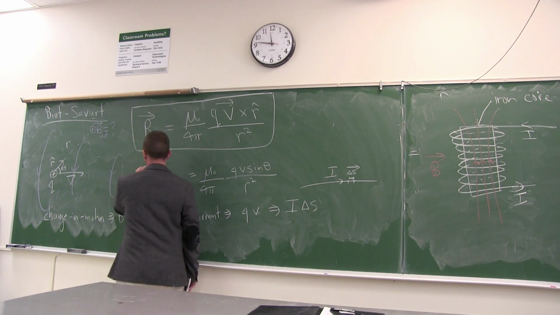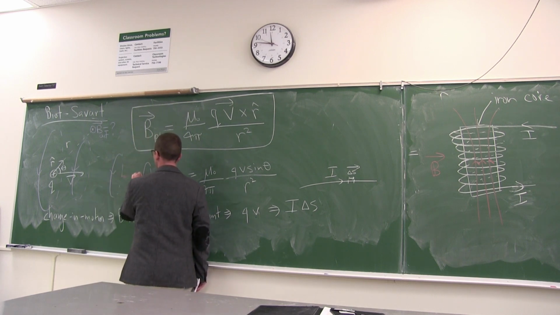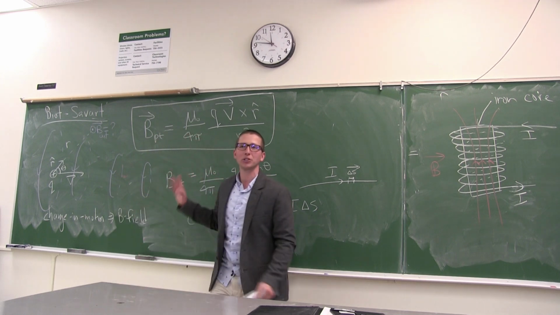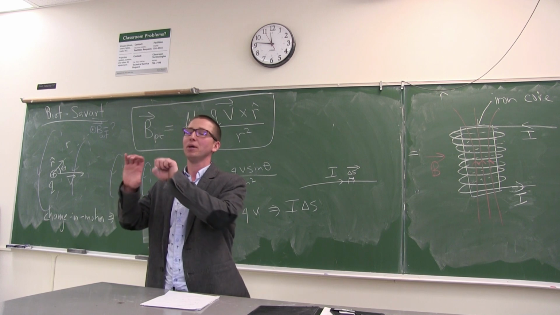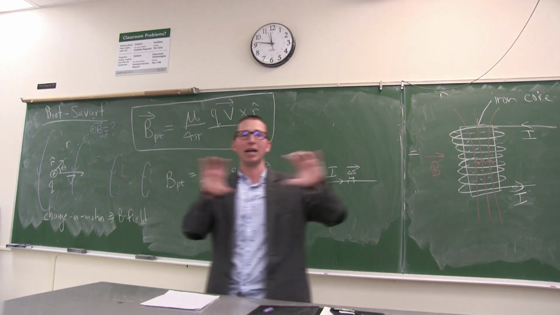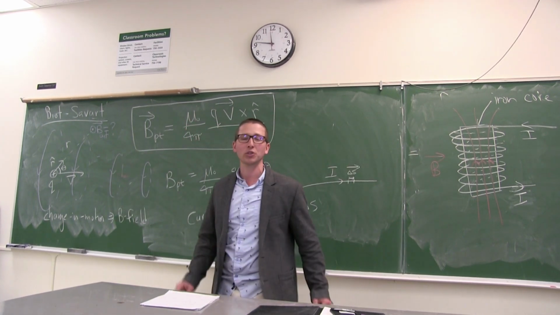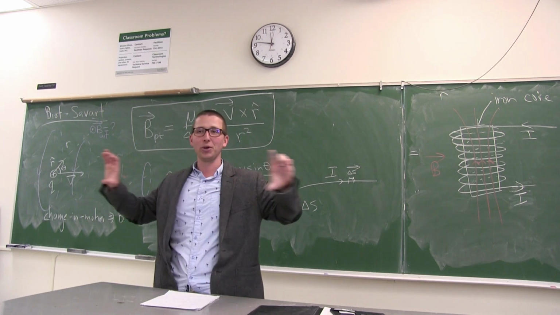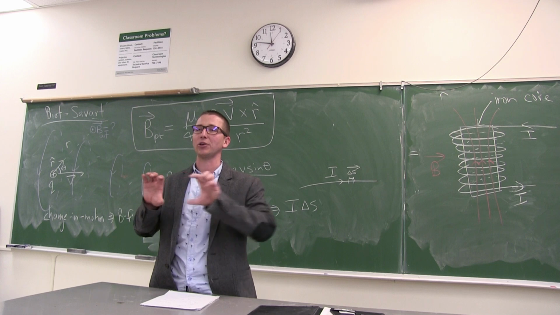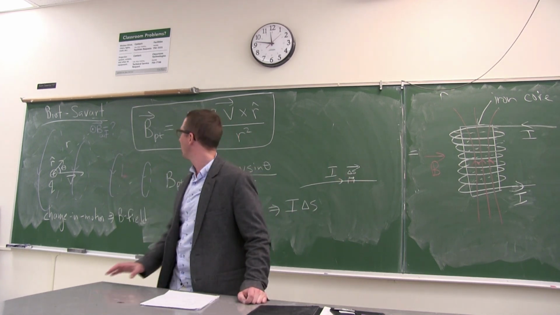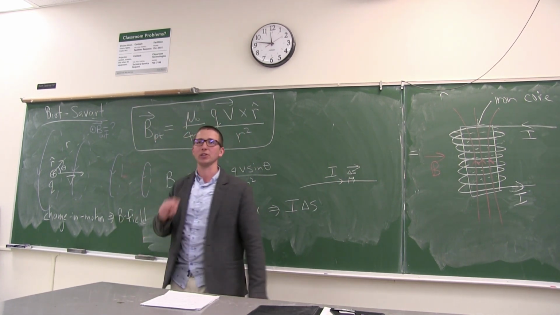The field gets weaker as you get farther and farther away from the point charge, but it looks the same shape as a current. A current is a bunch of point charges all in a row and they're all moving together. So just like the solenoid stretches out the field into a single loop, a current is a bunch of point charges that are stacked and all moving together, which makes these have all the same radius.